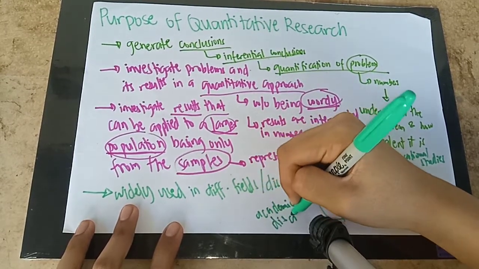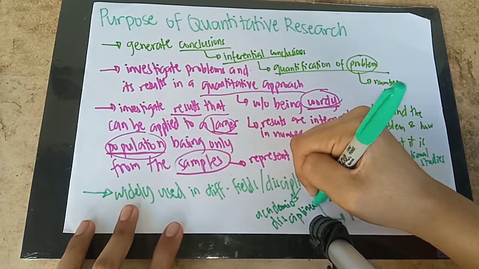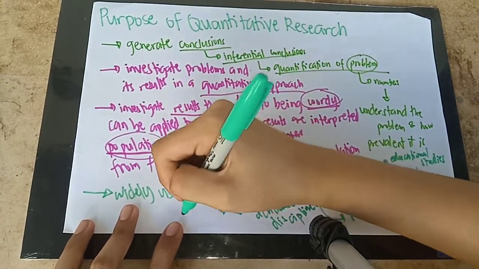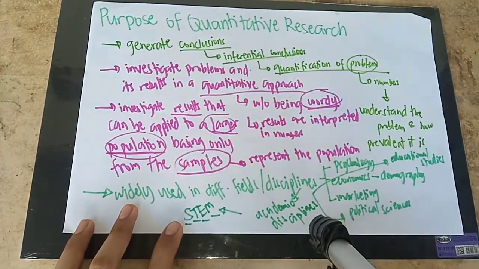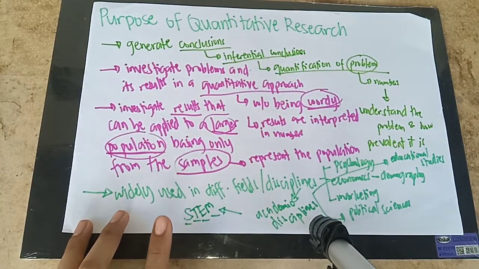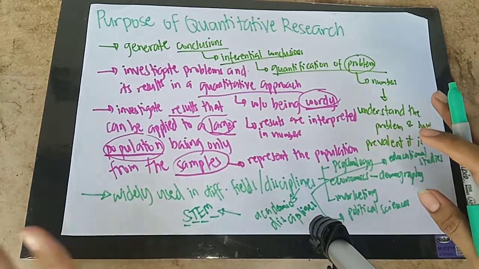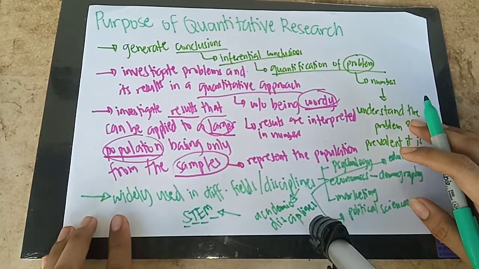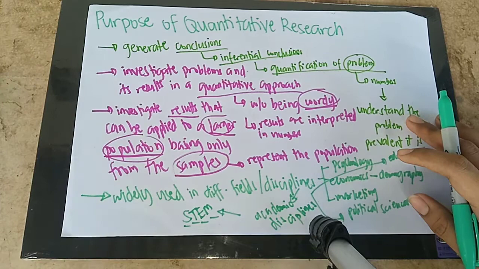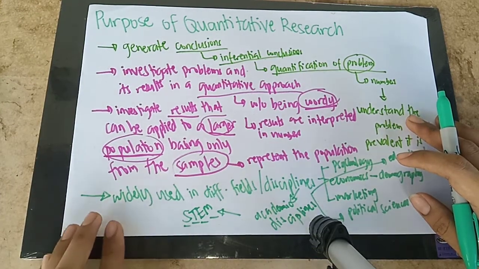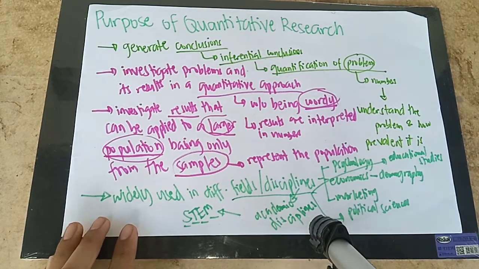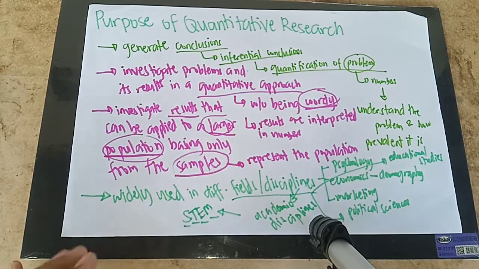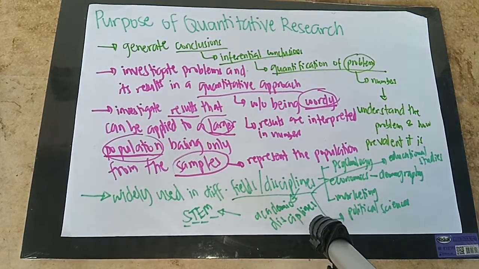What are the examples of these academic disciplines? We have the STEM: science, technology, engineering, and mathematics. So the purpose of quantitative research is to seek different discoveries or solutions to an existing problem pertaining to these different fields or disciplines. That is another purpose of quantitative research.